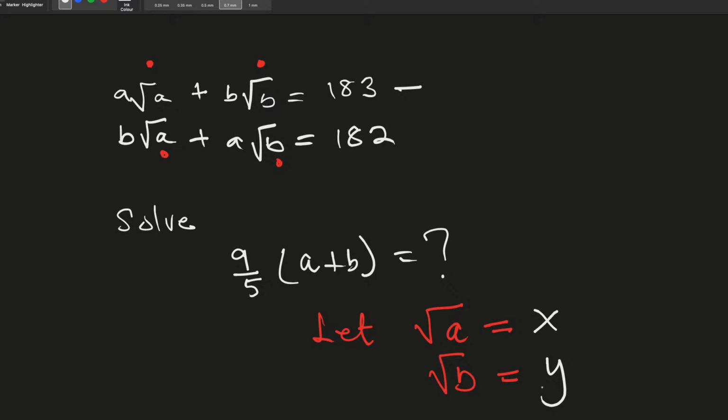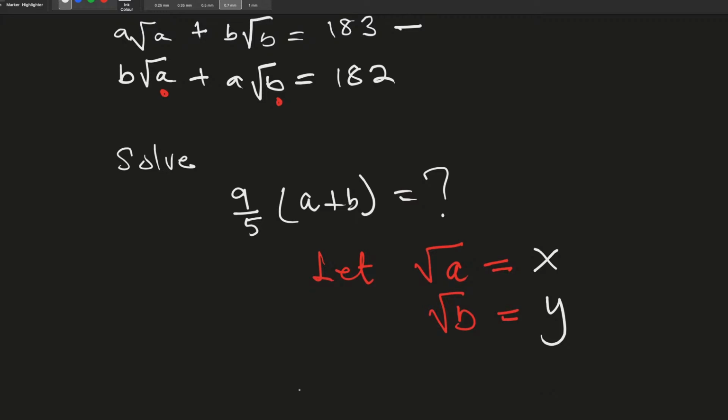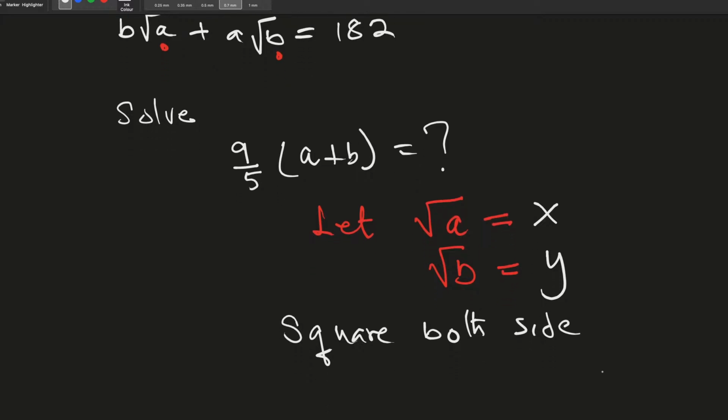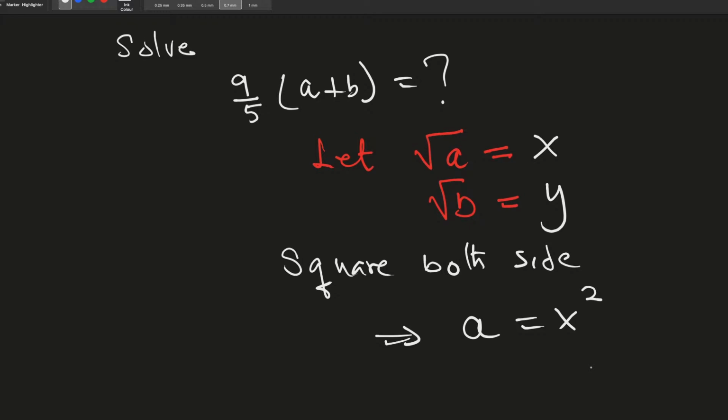You know for sure that with this condition, if we square both sides, we are going to get A is equal to x squared, and with this one, B is equal to y squared. You see, friends, this is just a breakdown, and we haven't done anything spectacular.